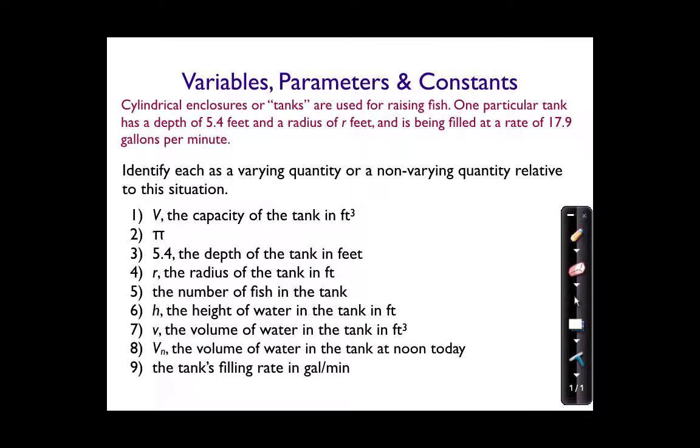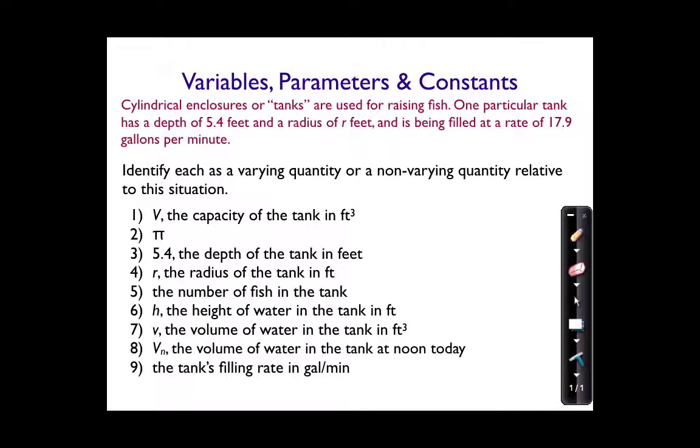All right, so of 1 through 9, we're supposed to identify which of these represent varying quantities and which are non-varying quantities with respect to this situation. So what about number 1?